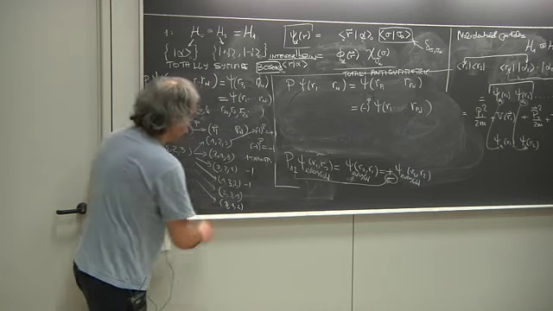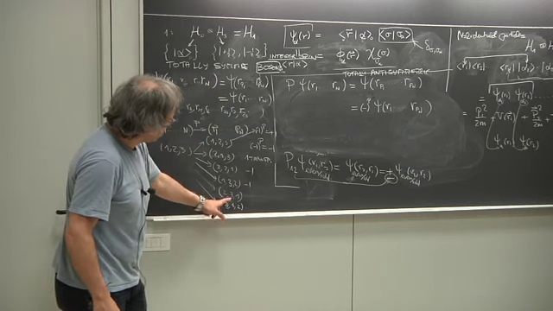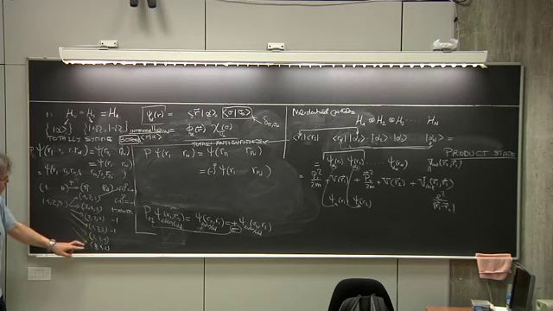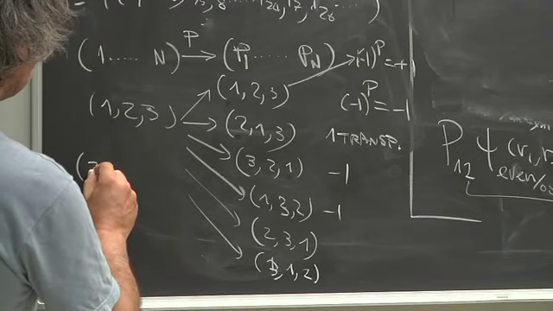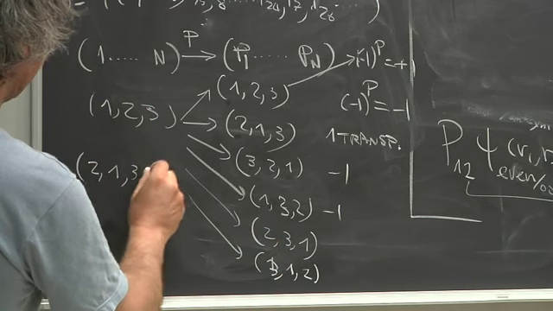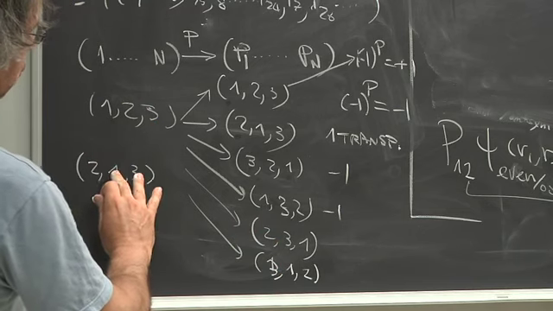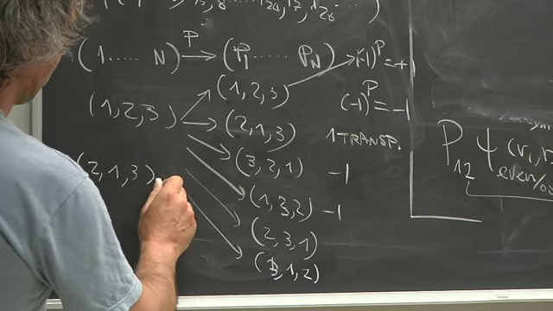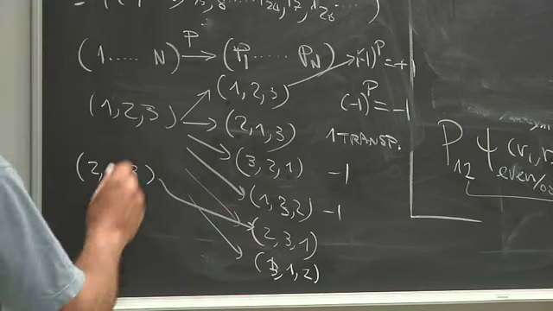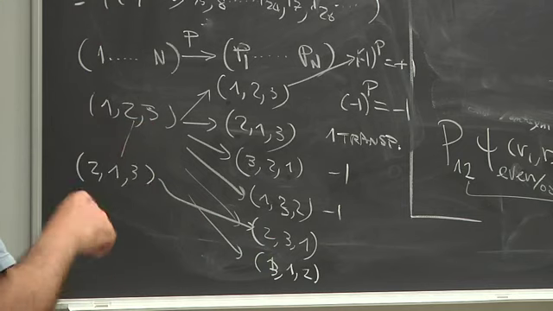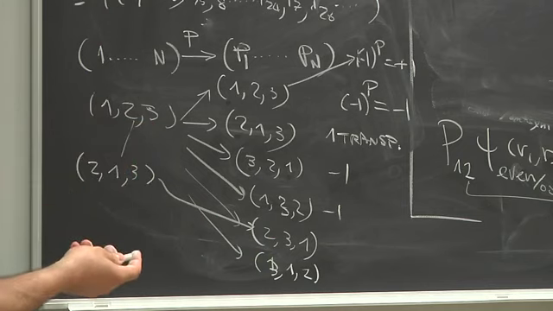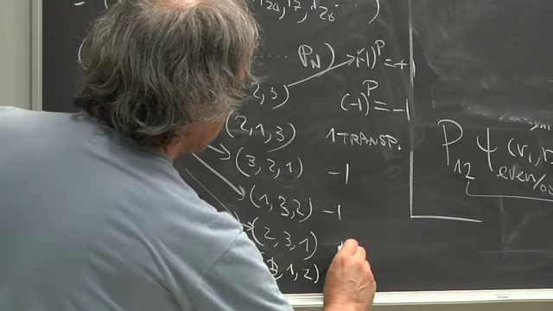What about this? It can be obtained in many ways. For instance, you could start by exchanging 2 and 1, getting 2, 1, 3. Then you exchange this 2 again to obtain this. So you see immediately that you need 2 transpositions, and therefore the number of transpositions is even, and this has +1.